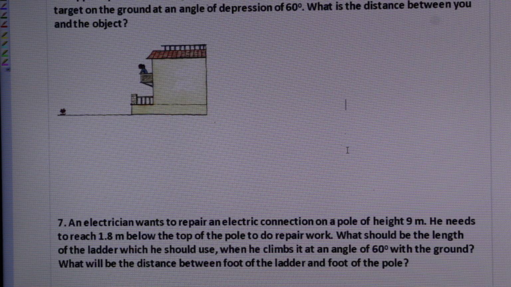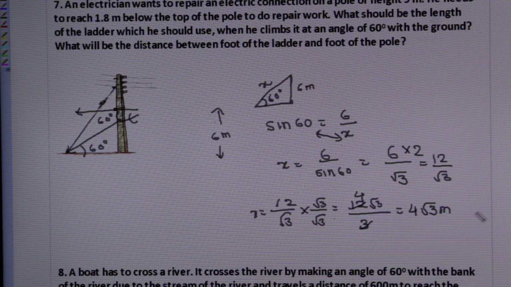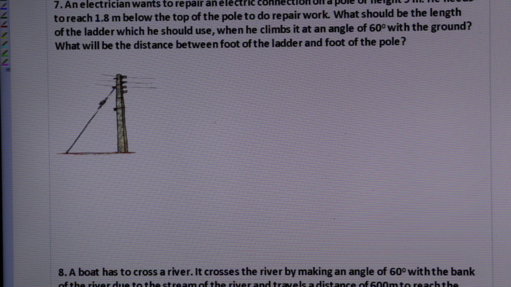Next problem. An electrician wants to repair an electric connection on the pole of height 9 meters.